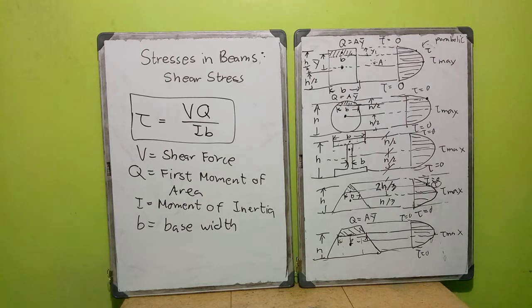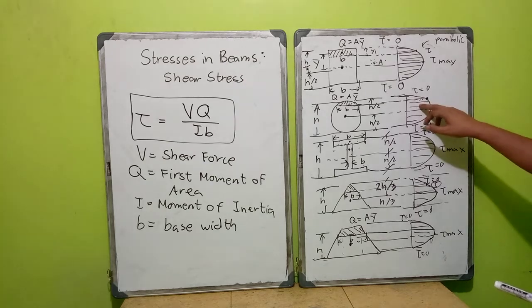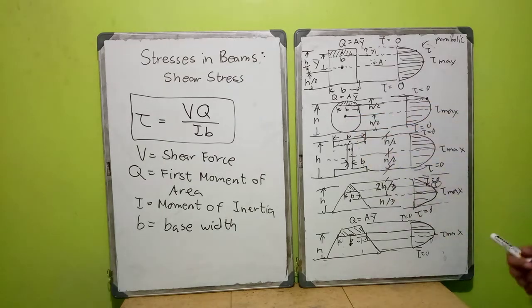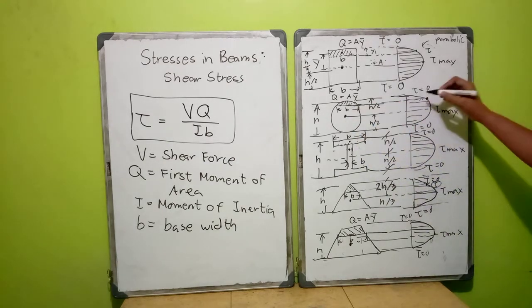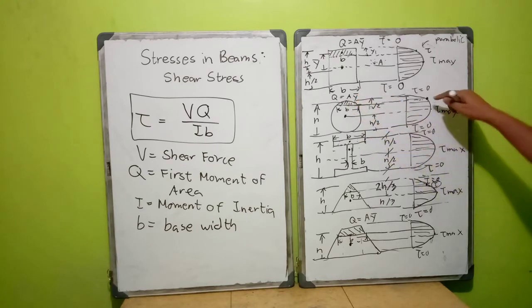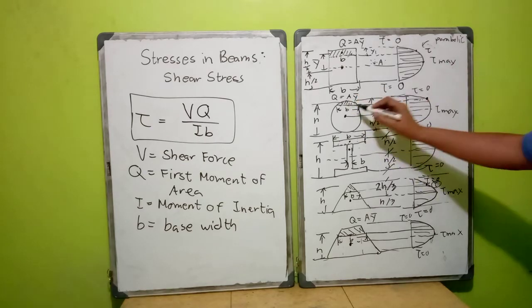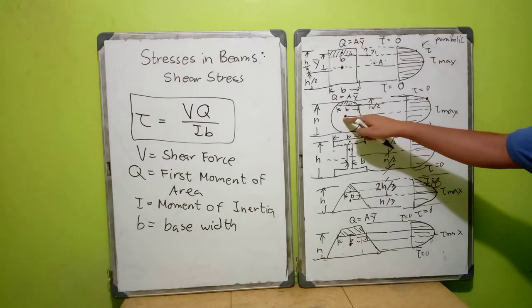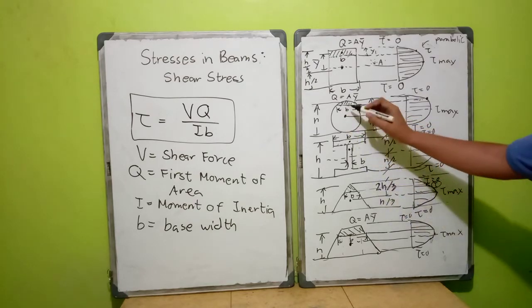Technically speaking, for example, in a circle, there is always a change as the point of stress we are looking at is increasing. So the B is always changing.